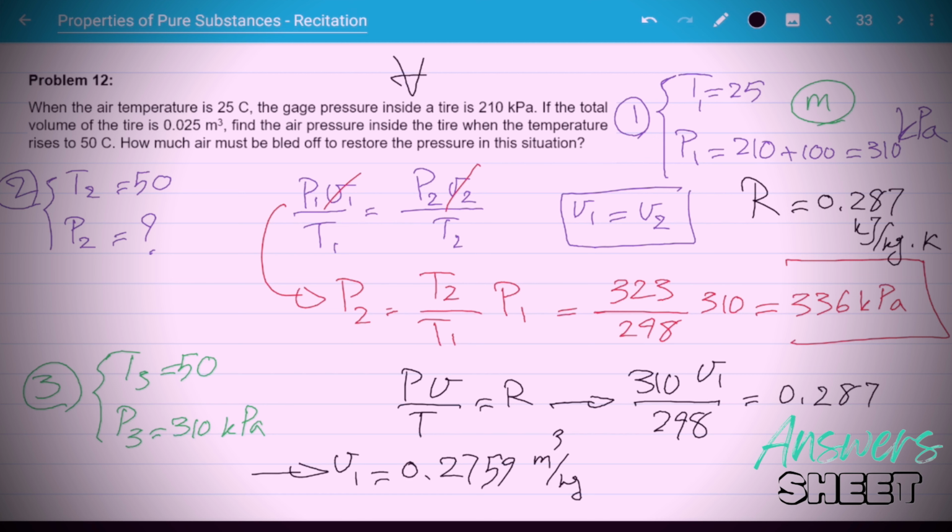Now the volume of the tire is also given. Volume, total volume, is 0.025 meters cubed, right? We can combine these two numbers to find the mass. So the mass of air, M1, is volume over specific volume, which will give us 0.09 kilograms.